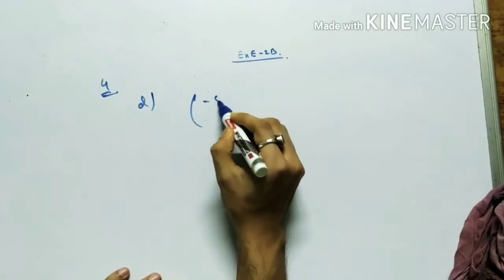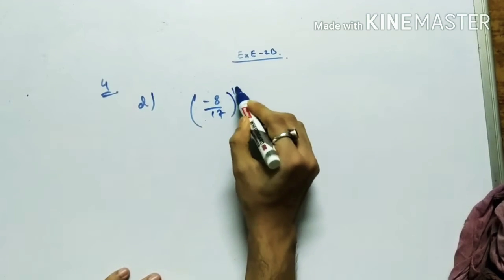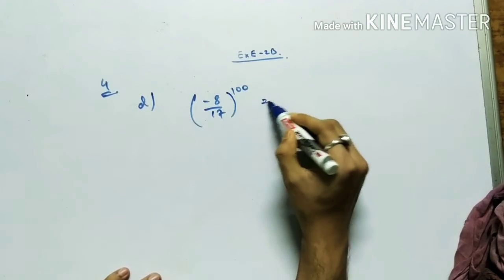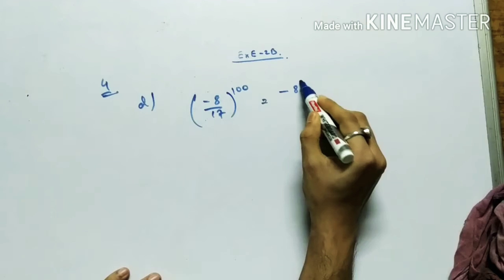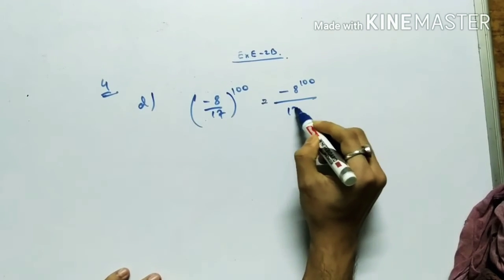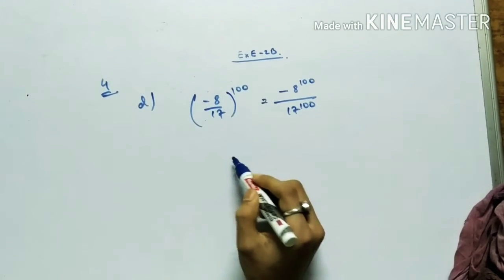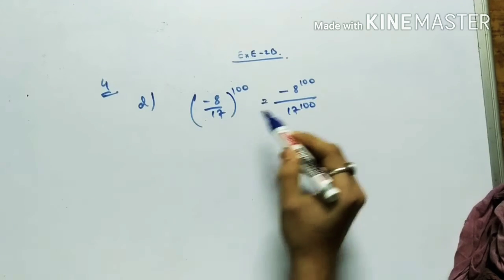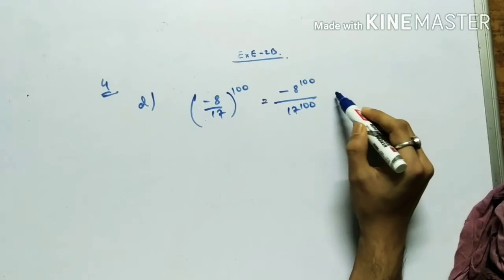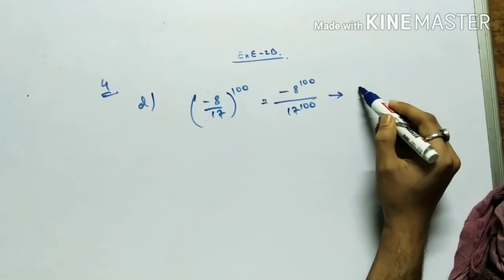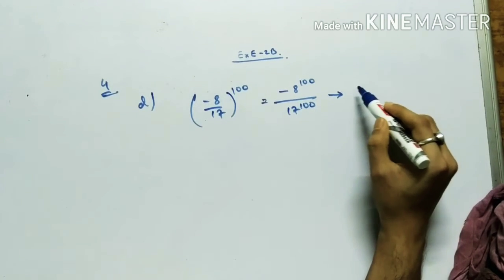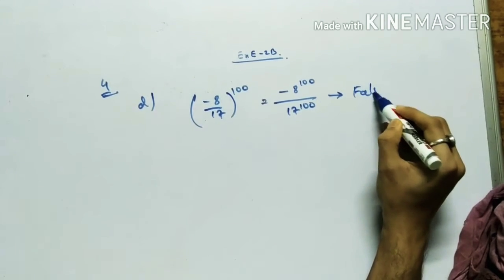Next, number D: minus 8 by 17 to the whole power 100. This will equal minus 8 to the power 100 by 17 to the power 100. This will be false. Why?